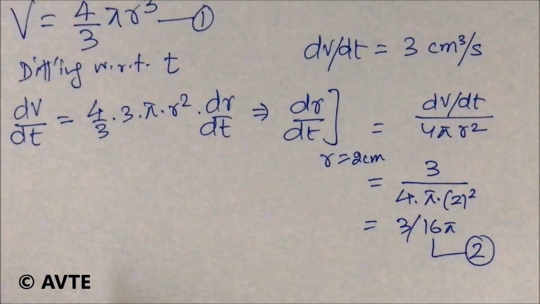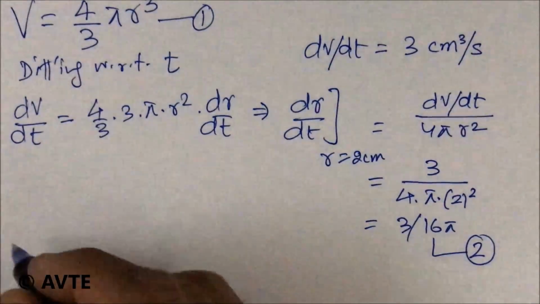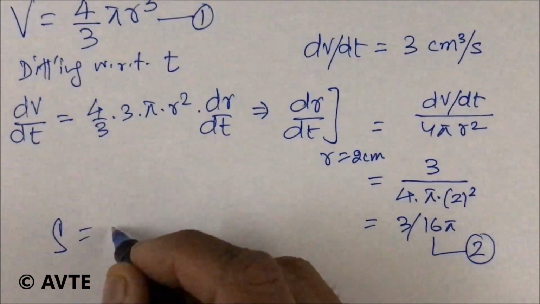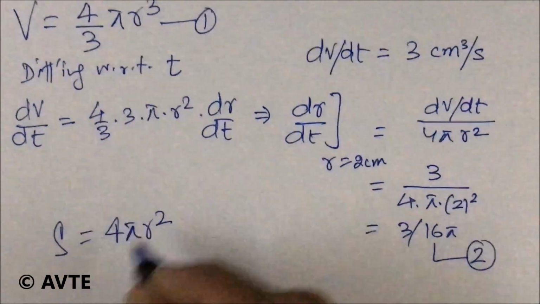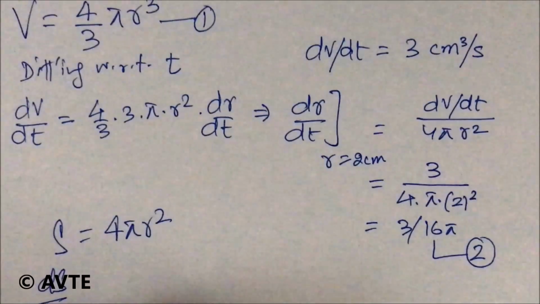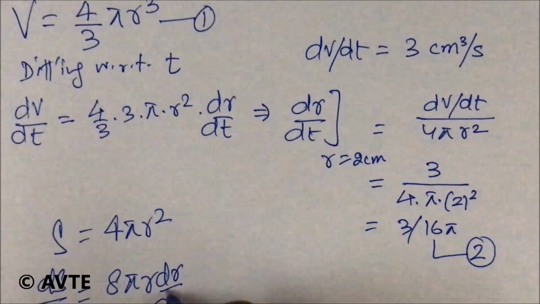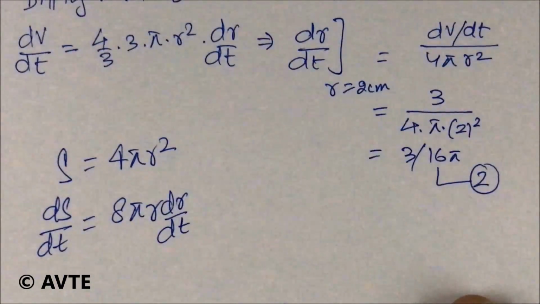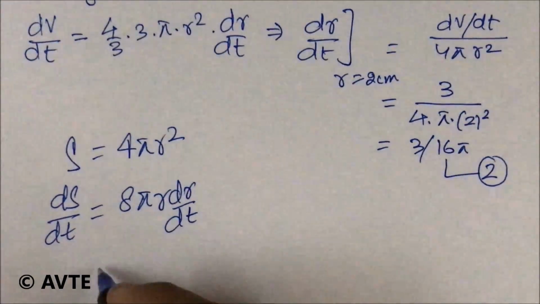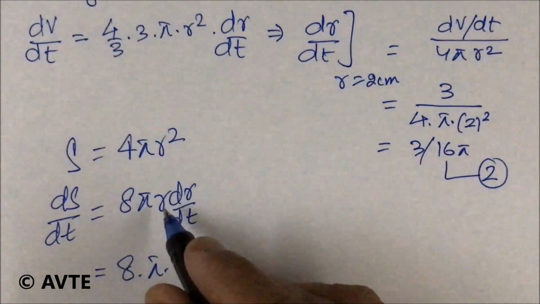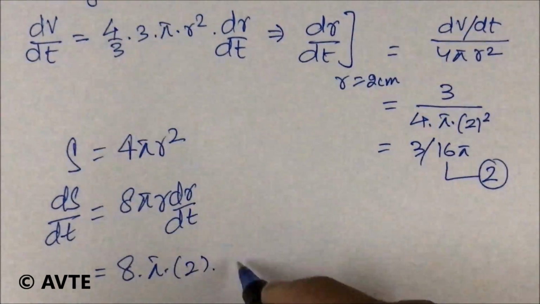And now coming on to the surface area. The surface area is 4 pi r square. Again, differentiating with respect to time, we get 8 pi r dr by dt. So from equation number 2, we can put the value of dr by dt, and also r is 2.